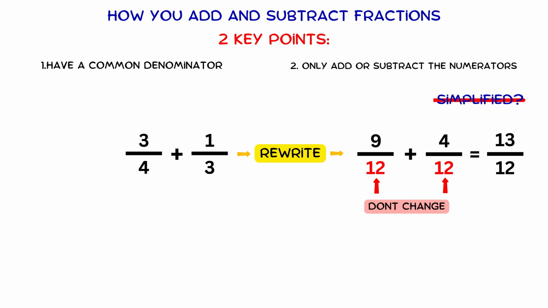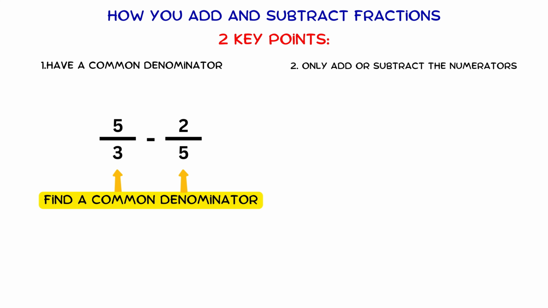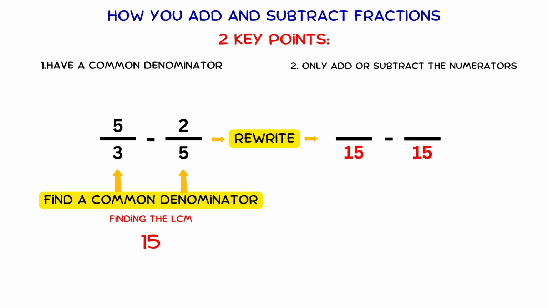Now, let's take a look at this subtraction question where we've got to subtract 2/5 from 5/3. Like before, the first step is to find a common denominator, which we do by finding the lowest common multiple of 3 and 5, which is 15, so we go ahead and rewrite our fractions with 15 on the bottom and figure out what the new numerators will be.